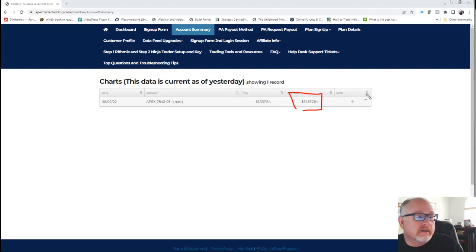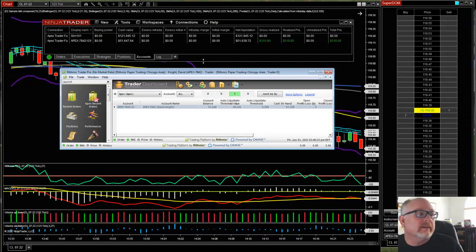Nine days in, I was up 1,300 bucks roughly with 9 trading days. Today I went up a little bit further. I had 2 trades plus 31 ticks, finishing up this week at 51,639.